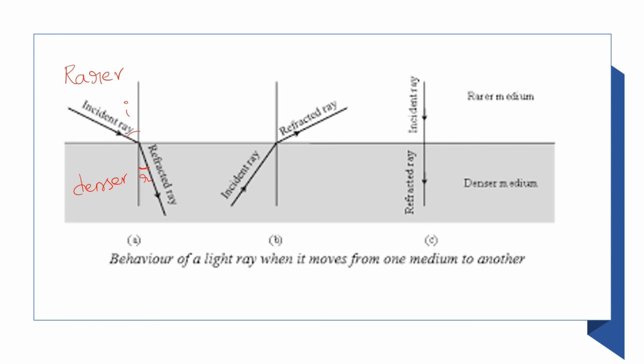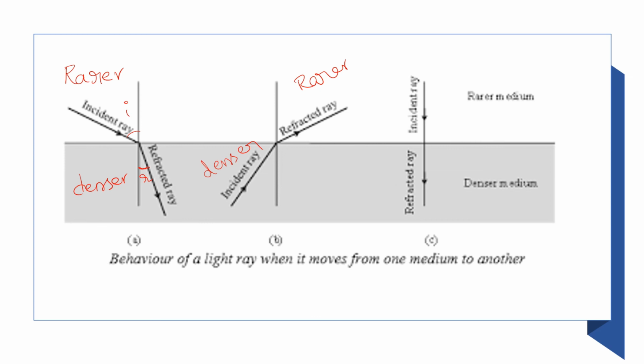Next, in this second picture, this is the incident ray. Now the incident ray travels from denser medium to rarer medium. The refracted ray moves away from the normal.